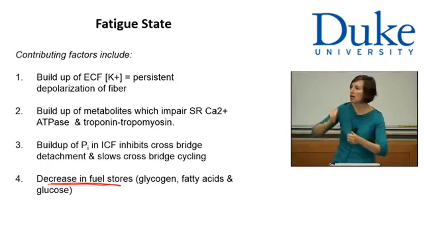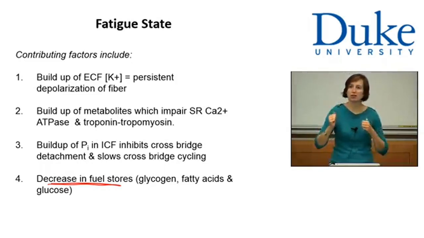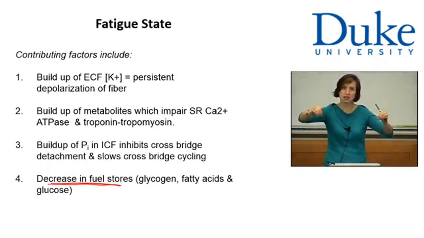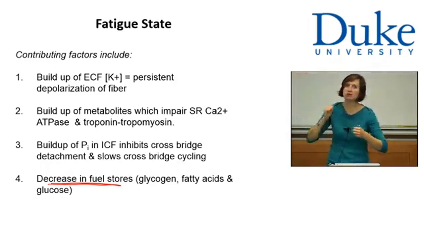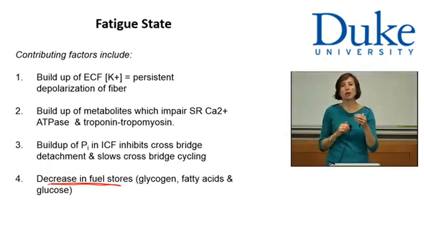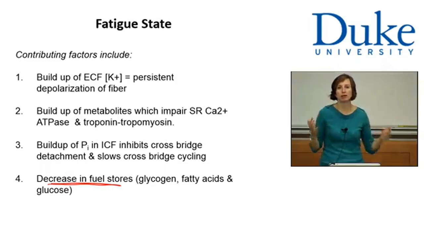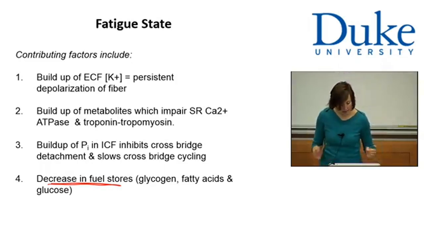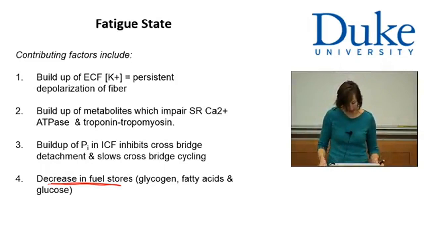And so if we're doing our exercise and then all of a sudden a muscle runs out of ATP, we are going to really damage that muscle, because it's going to lock down, those myosin heads are going to lock down onto the actin while we're still trying to do our exercise. So in a way, the fatigue is going to make sure that you slow down before you risk running out of ATP. So there's several factors that we're going to talk about.